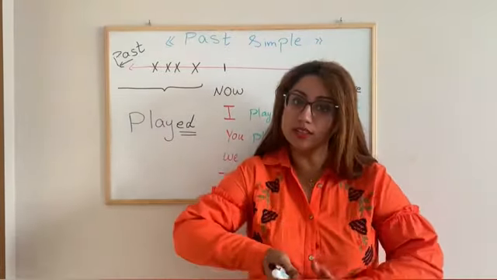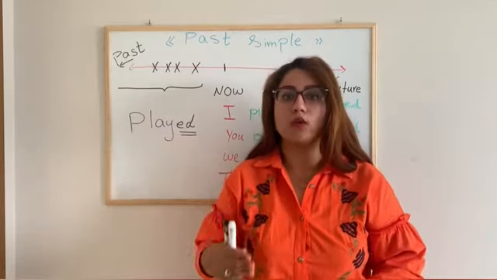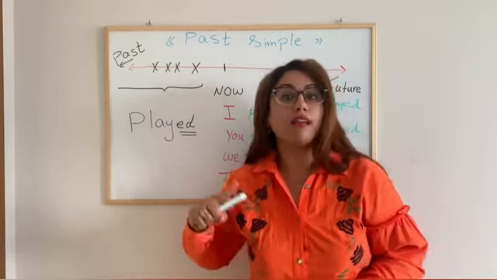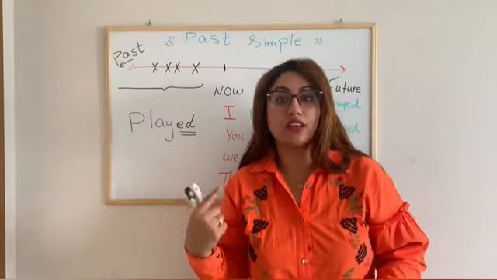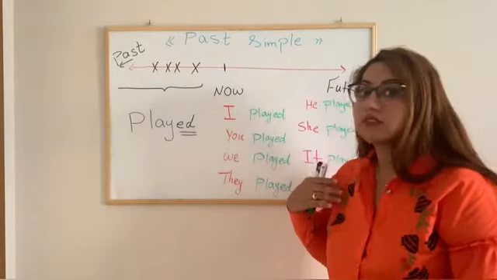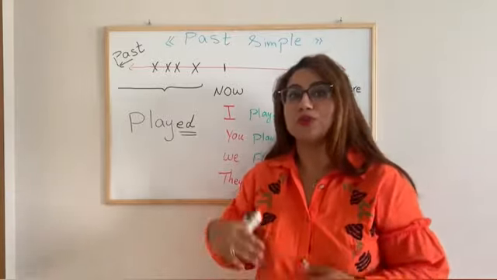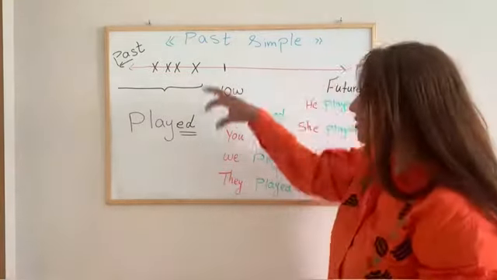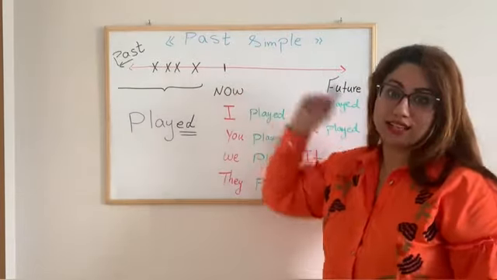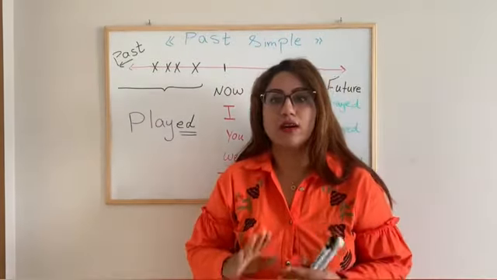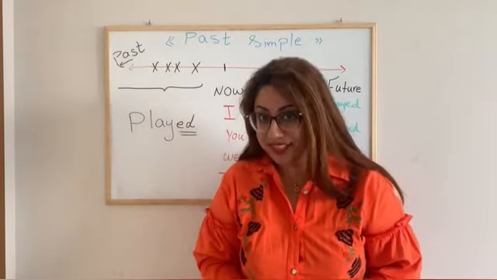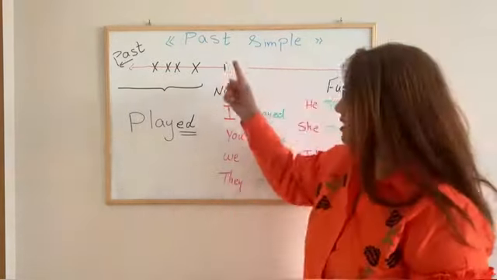From now to past time, no matter whether it was 1 day ago, 2 days ago, 1 month ago, last year, or even 1,000 or 2,000 years ago, all of them can be gathered in this category of past simple. Whatever we did and it's over, and we don't talk about that action anymore, is past simple.